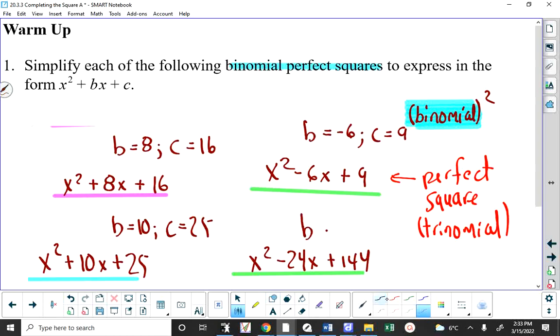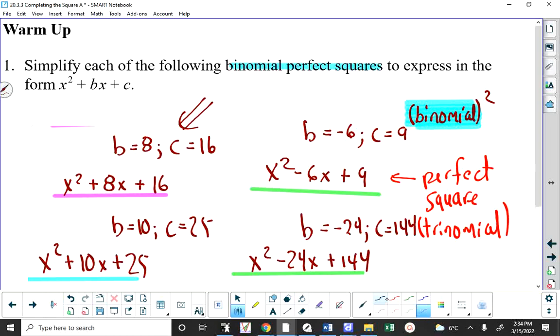Over here, B is -24, C is 144. And there's a relationship here. And I could have stopped here. And I know that if I said to you, what's the relationship between B and C? Many of you would have said, well, C is twice as big as B. I double B to get C. And that's true, but that's not true for all of them.